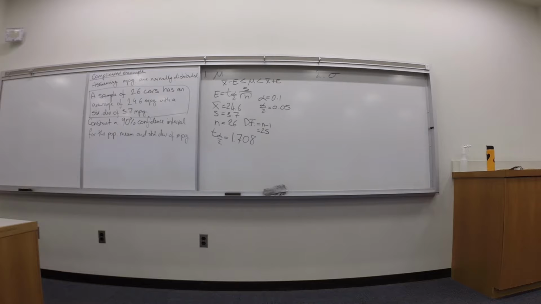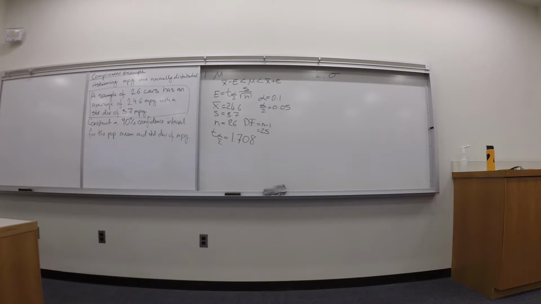What symbol is that, this 1.7? That's a T, T alpha over 2. Like we did Z alpha over 2, it's just T alpha over 2. So we have degrees of freedom, which is n minus 1, at 25. 1.7. Yep.